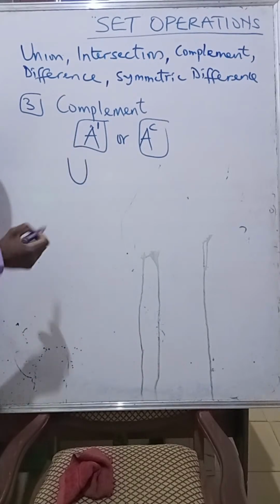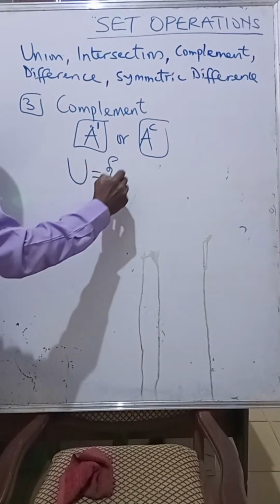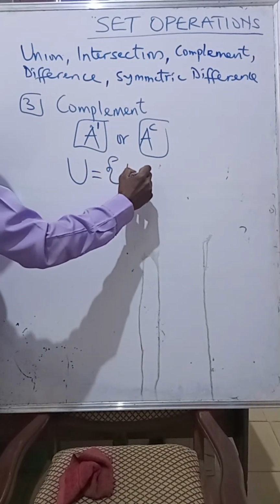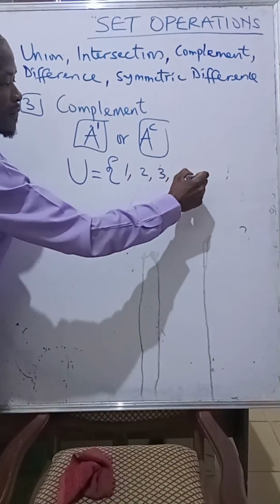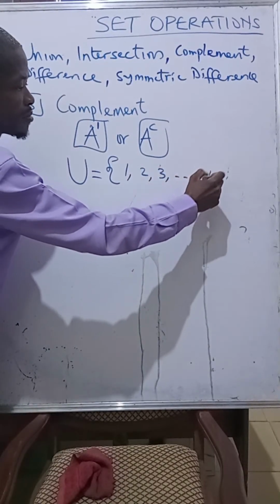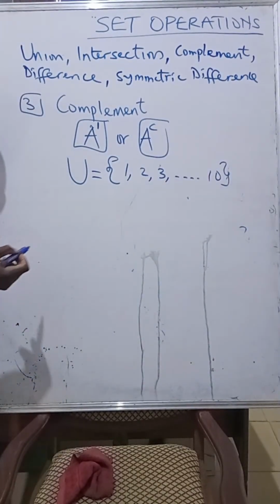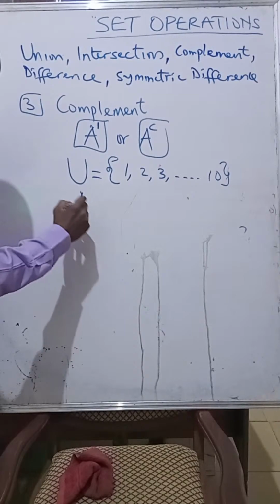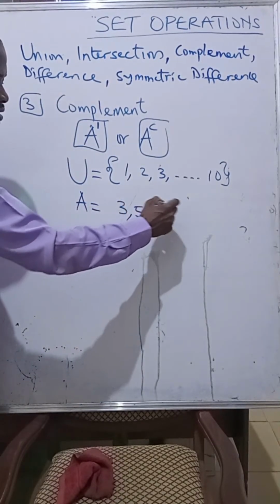Let's have the universal set be the elements 1, 2, 3, up to 10. This is 1 to 10. Let A be equal to 3, 5, 6, 7.